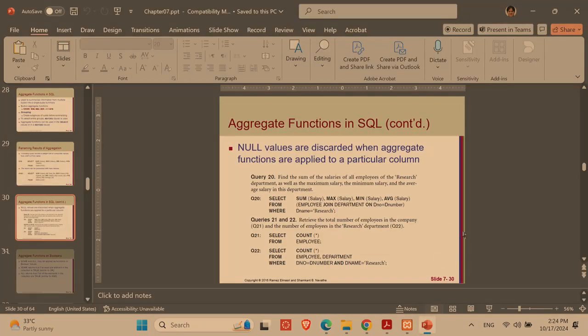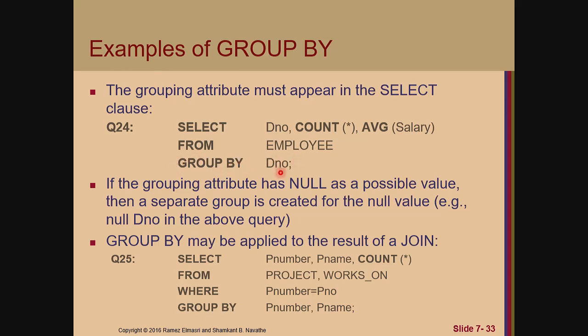But at least before you count, don't forget here group by DNO. So the result will separate count and average for each department. Okay, let's see.